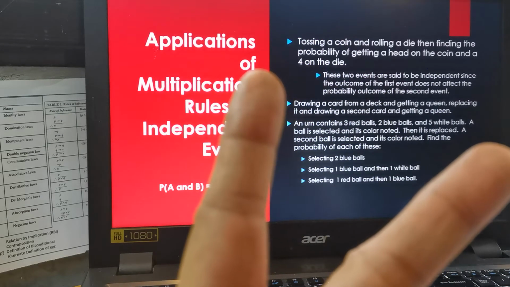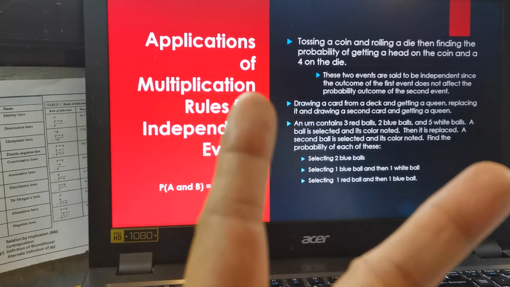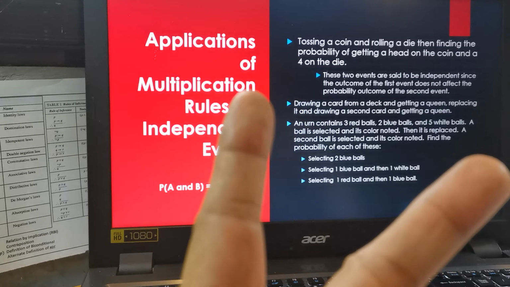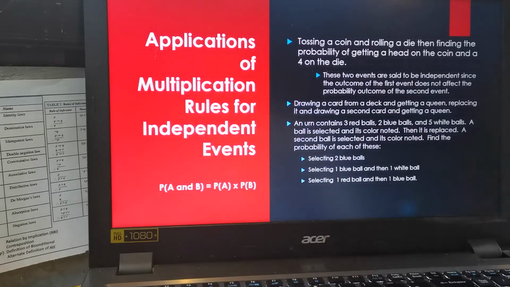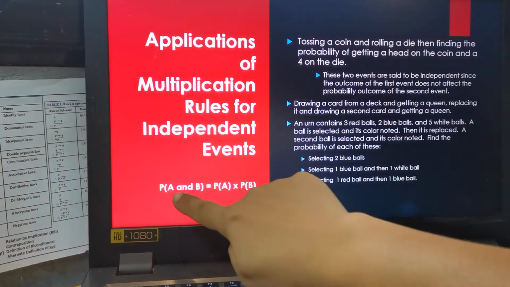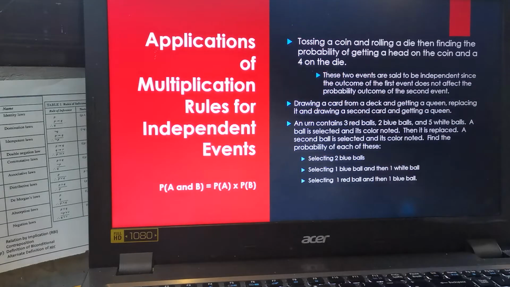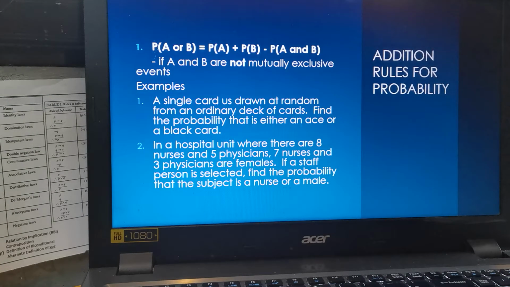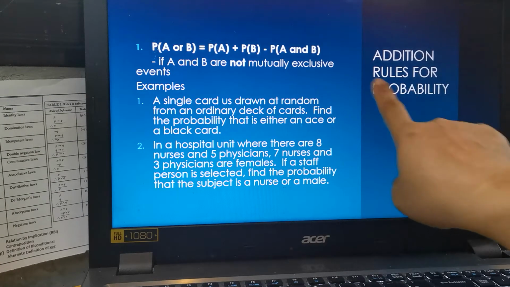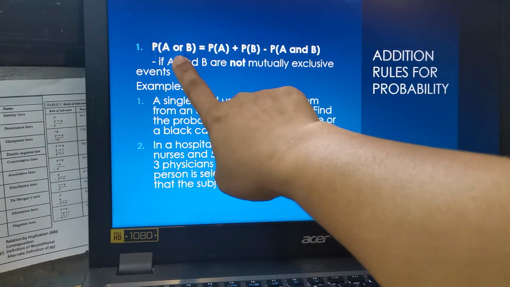Okay, so tossing a coin and rolling a die. Sige, ulitan natin. Basta and. Yung isa kanina ay or. Okay, kapag addition, or. Okay?